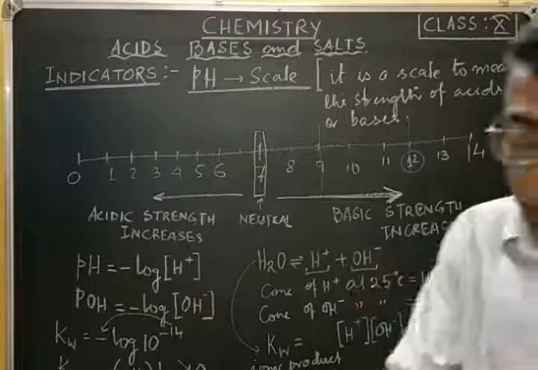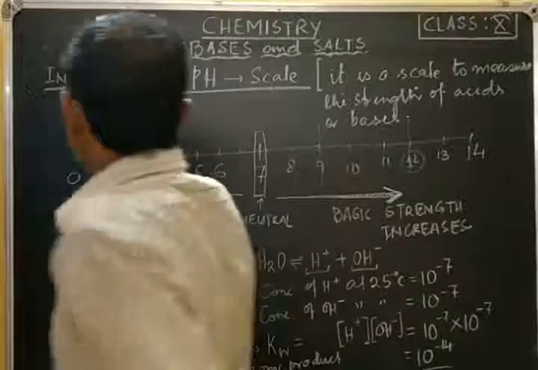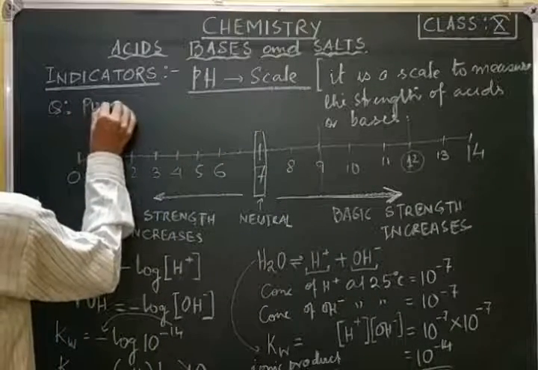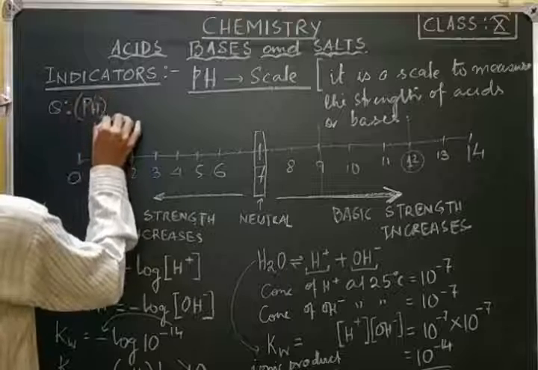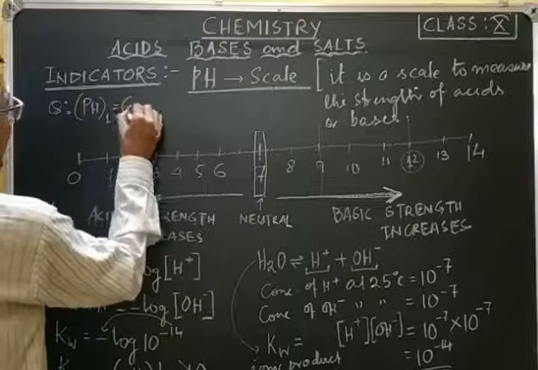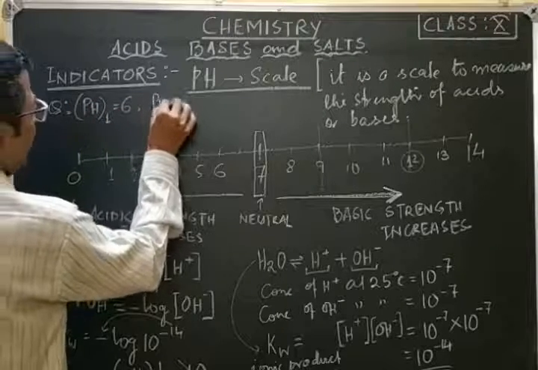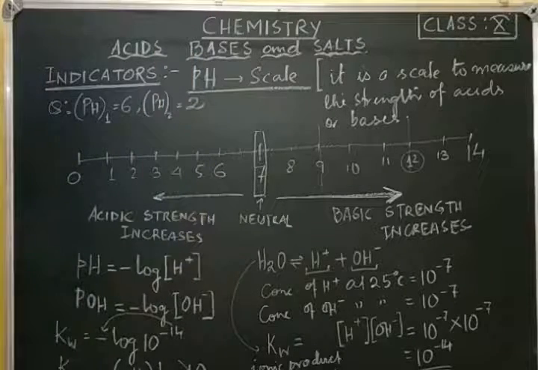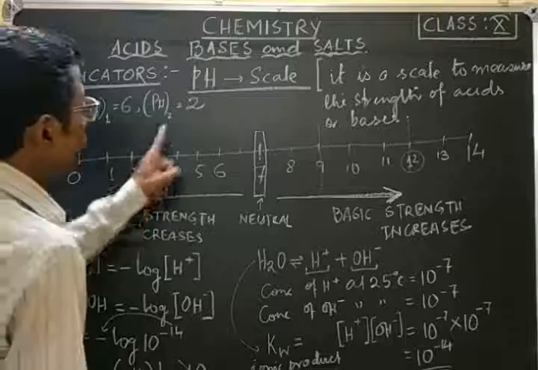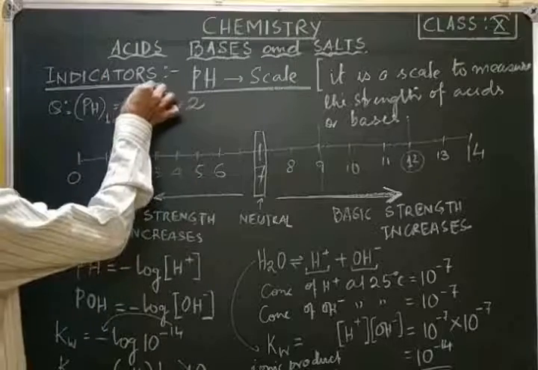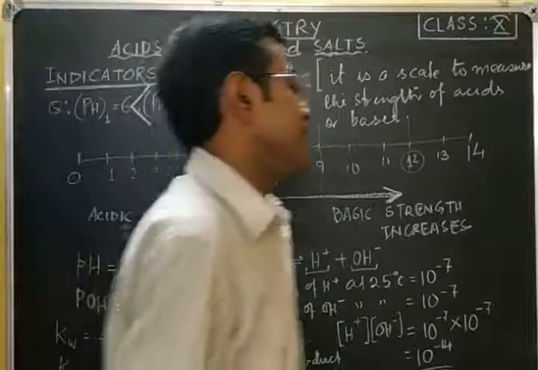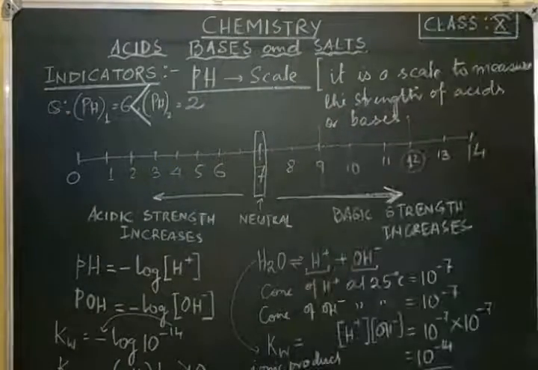I am giving you one example of this. This is one question. The pH value of one acid, say acid 1, is 6. The pH value of another acid, acid 2, is 2. Which one is more acidic? 2 is more acidic, so the acidity of pH 2 is greater than that of pH 6.